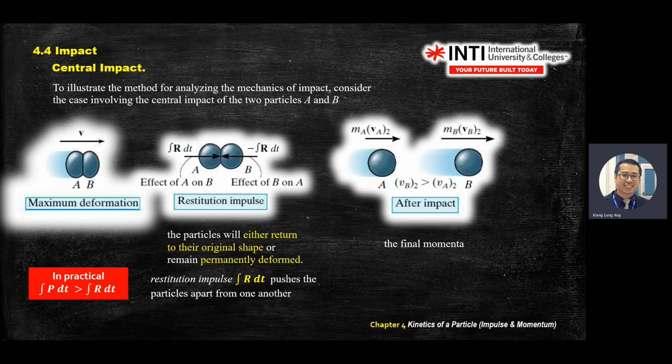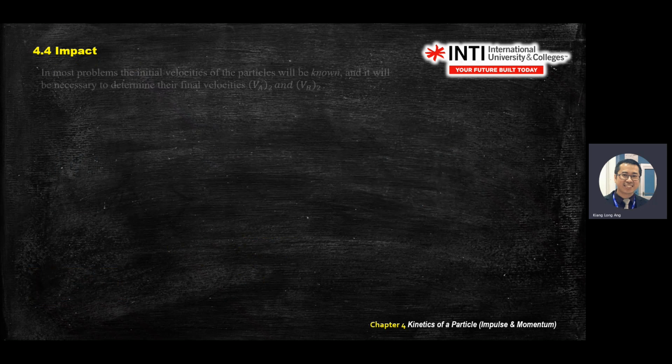You have a fat man and a small man, you hit. It's like a child hitting an adult. The kid will bounce back a lot, right? So A will be faster than B, but in a different direction maybe, right? So you understand the process, right? Then there's a calculation there.